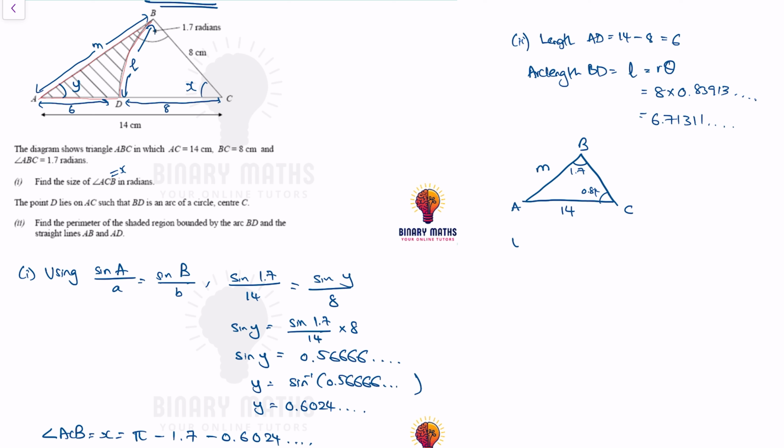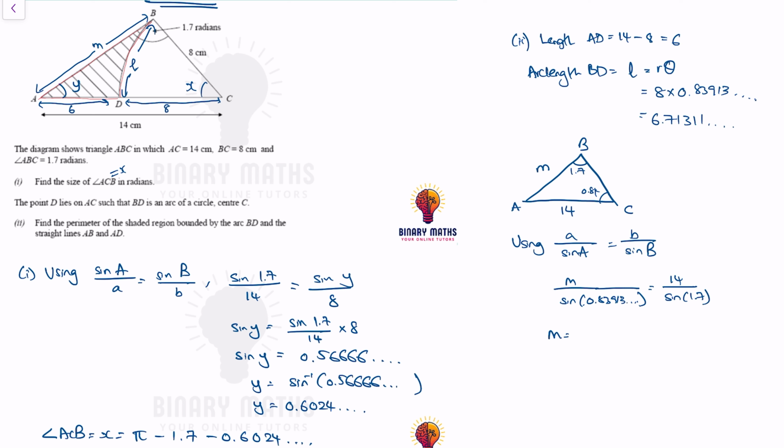Because I'm finding a missing length, using a over sine A is equal to b over sine B, I get M over sine 0.83913..., the non-rounded version, is equal to B, which is 14, over sine 1.7.